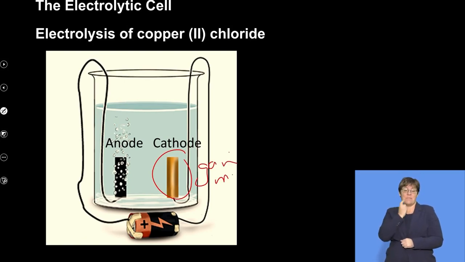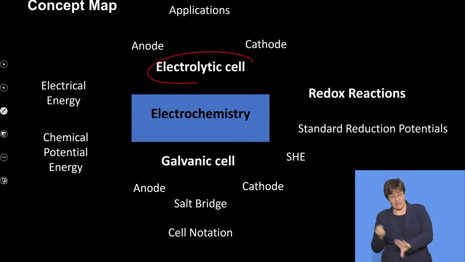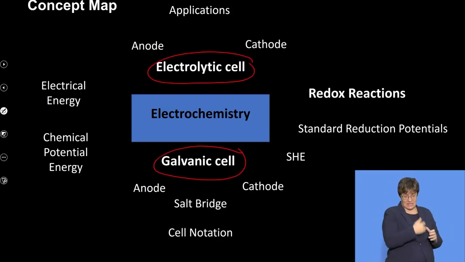Now, that is for a metal that's being deposited. Guys, I suggest that if you want to do these comparisons, it's a really good way to check your learning. So make sure that you analyze the difference between the electrolytic and the galvanic cell, and make sure that you can identify each case.